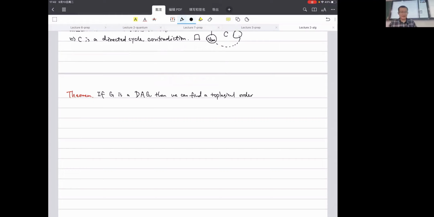Finding a topological order is really something constructive, and it makes sense that we want to think about an algorithm that can figure out a topological order. We show that this can be found in O(m+n) time. So we consider such an algorithm.